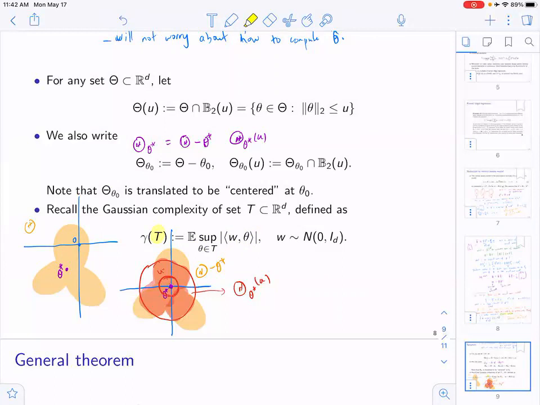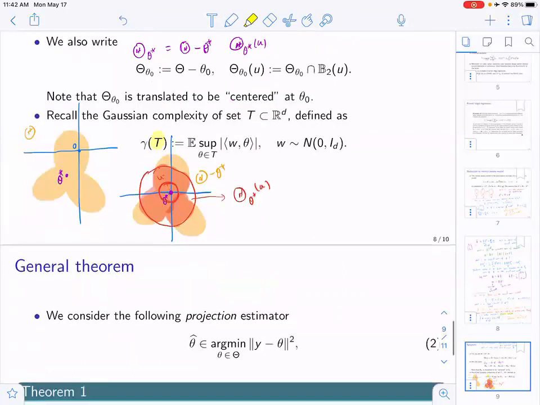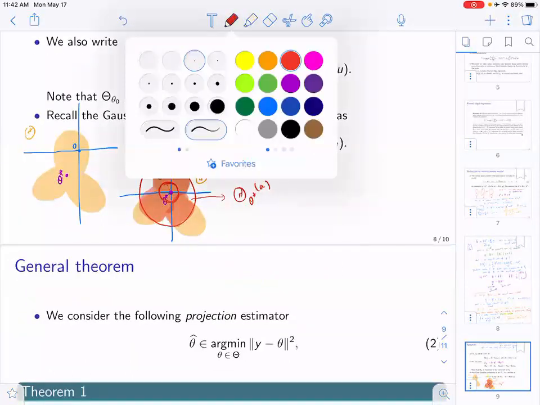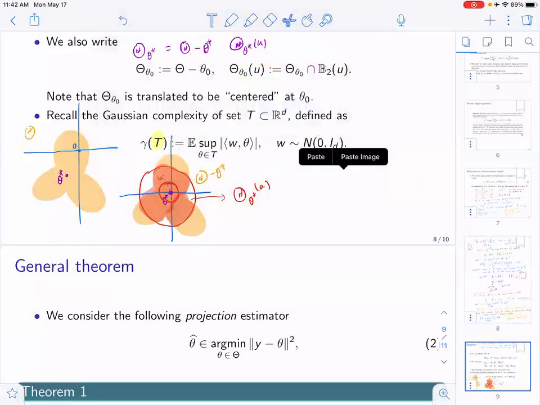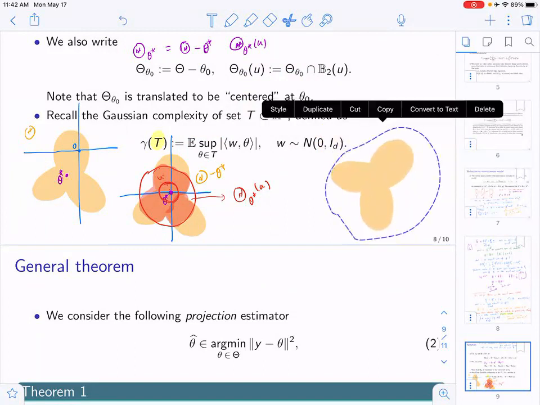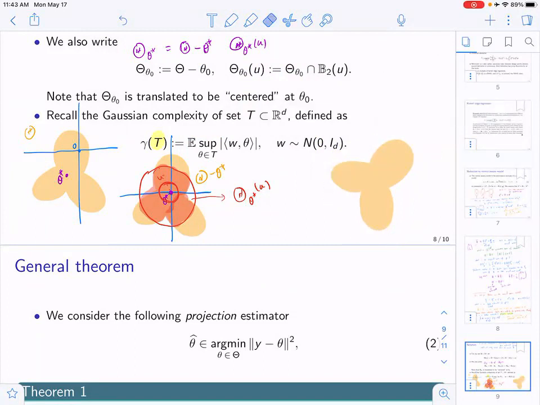This is too symmetric. Let me illustrate what this means a little bit differently. That didn't work, so let's do a different set.